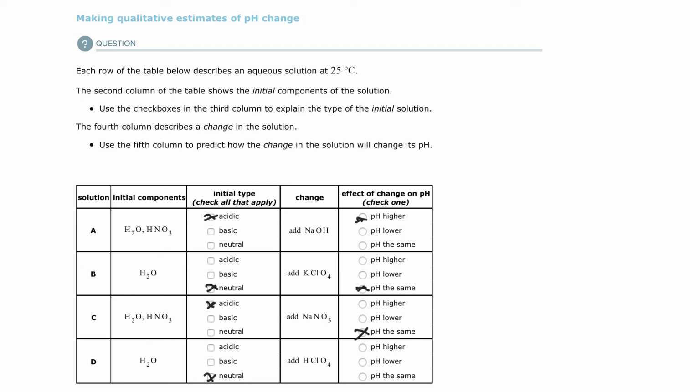As the concentration of H3O plus, which is hydronium, goes up, the pH goes down. So if I add acid, it's going to lower the pH. A lower pH is more acidic than a higher pH. A higher pH is more basic or more alkaline.